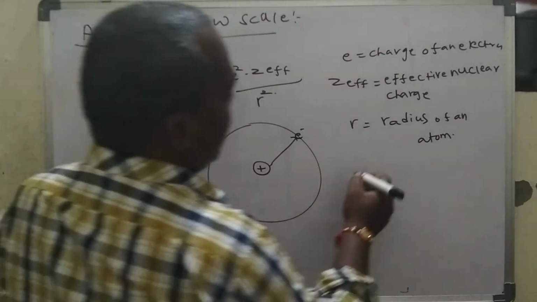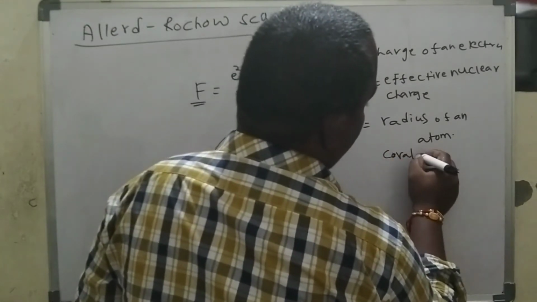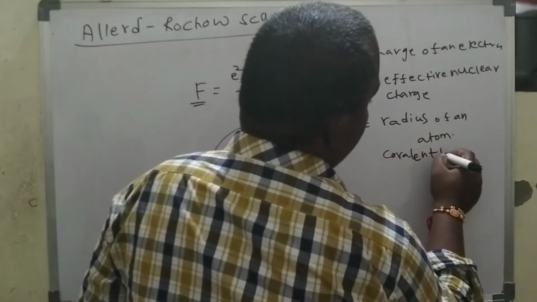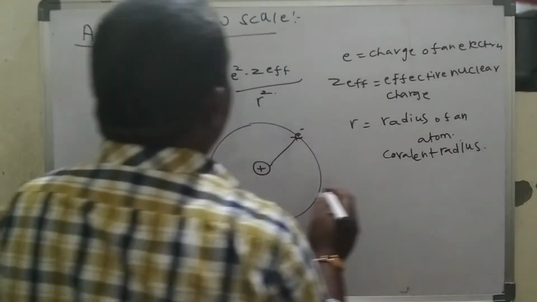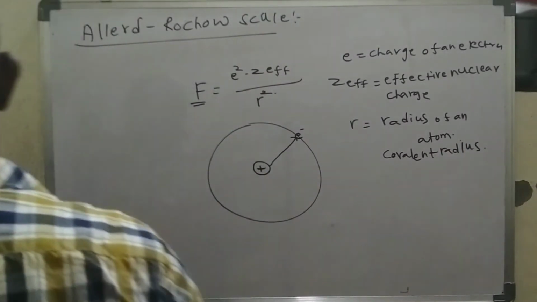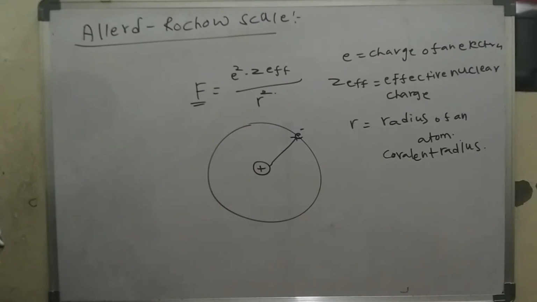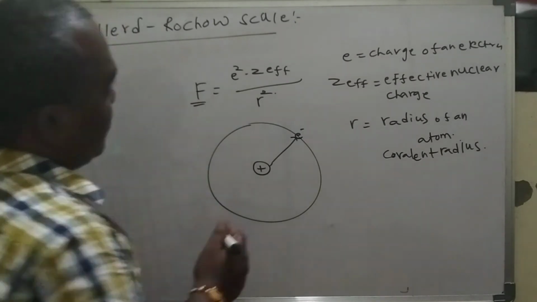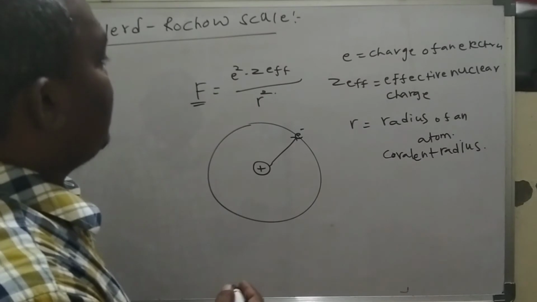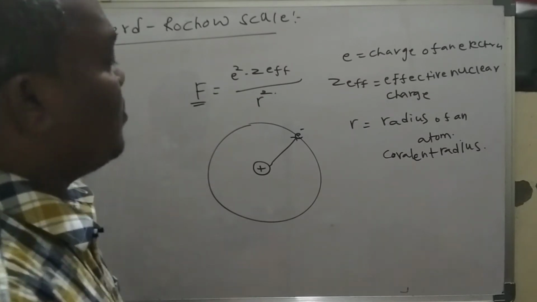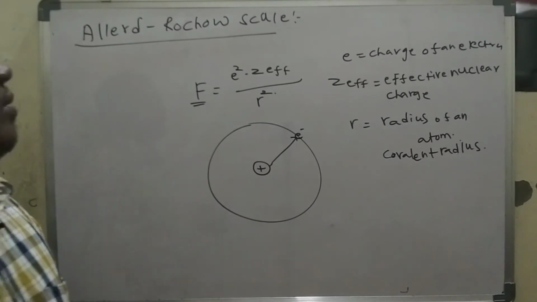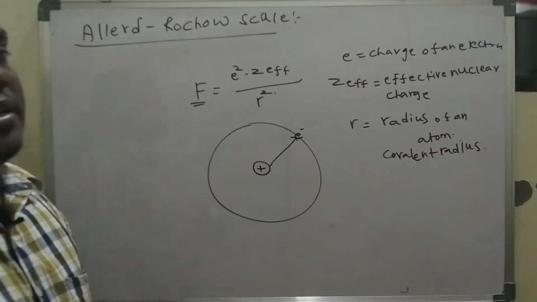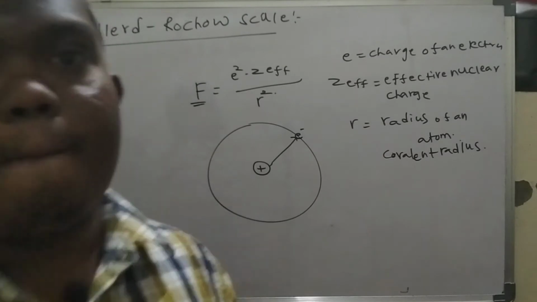According to Allred-Rochow, electronegativity is defined as the force exerted by the nucleus on the outermost electron.